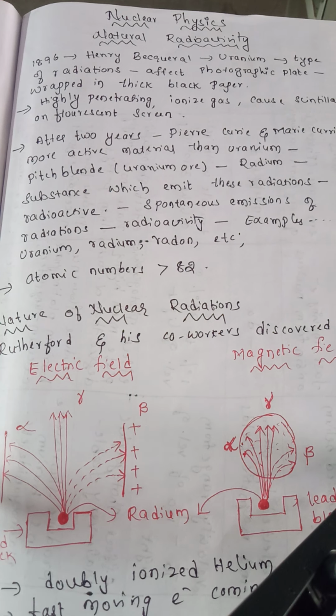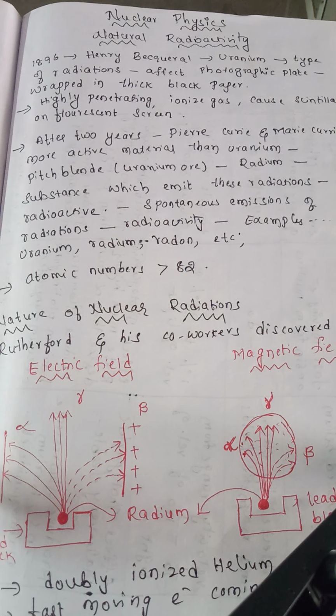Next, after some time, Rutherford with his co-workers discovered the nature of these nuclear radiations. Rutherford also discovered the nucleus. One day he was doing an experiment on gold foil. He wanted to know how the alpha particles would behave when they pass through the gold foil.